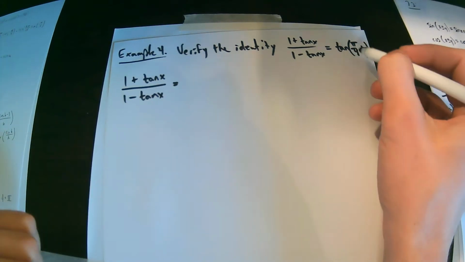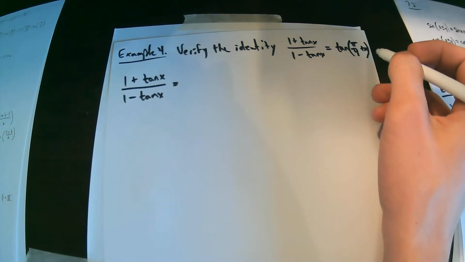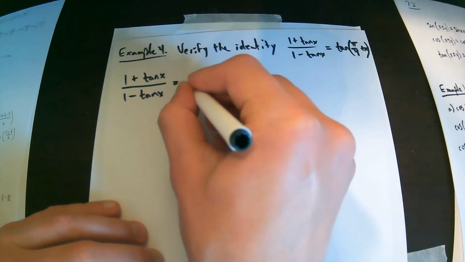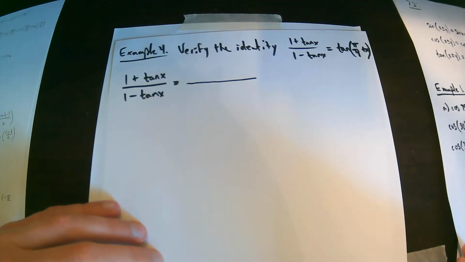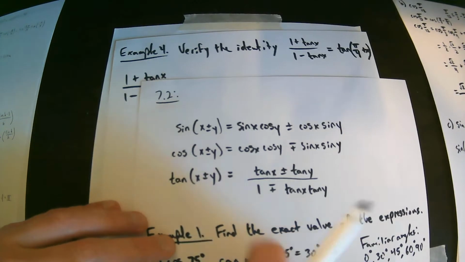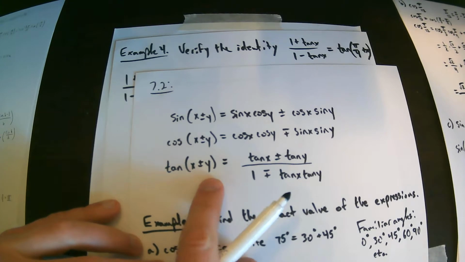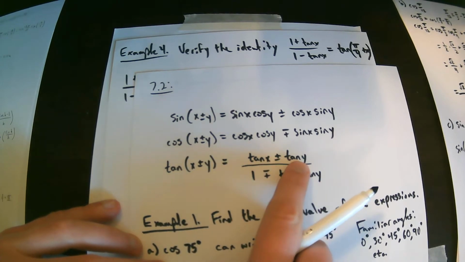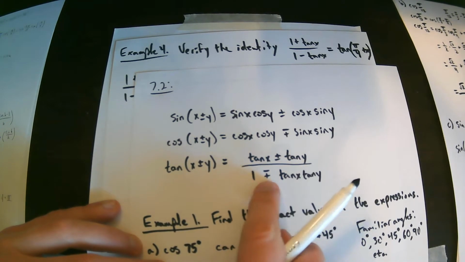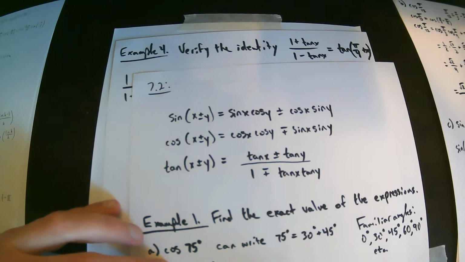Actually, let me go ahead and write tangent of pi on 4 plus x with my formula for tangent. So tangent of x plus y is giving me tangent of x plus tangent of y all over 1 minus tangent of x times tangent of y.